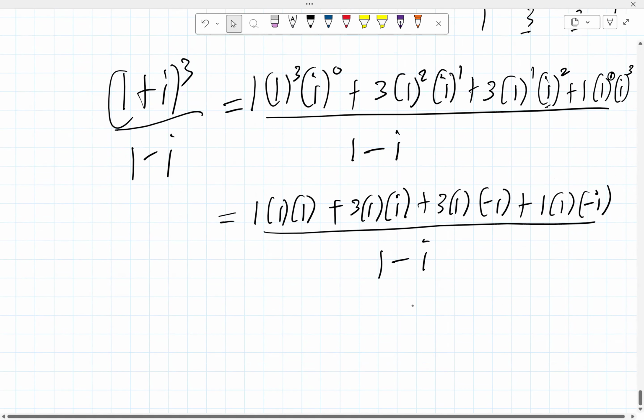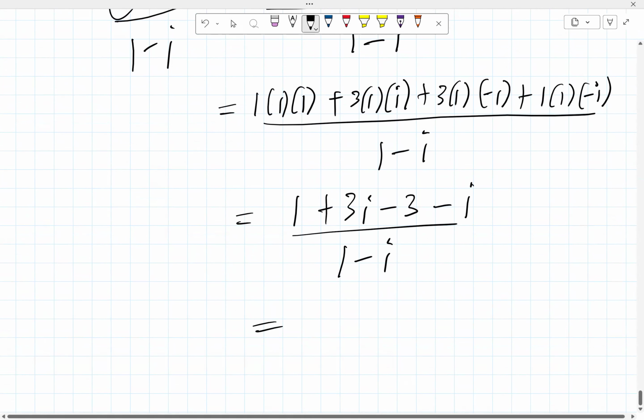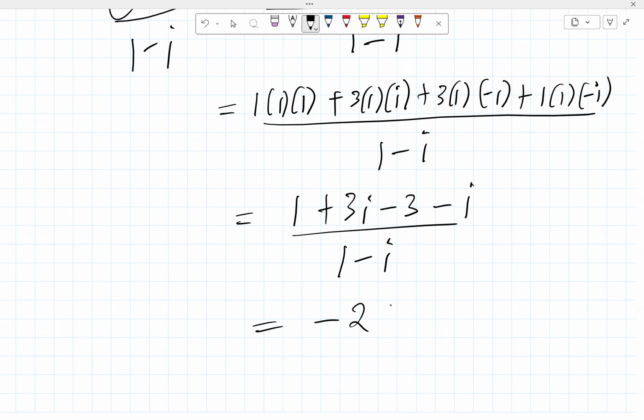Okay, so then we have 1 plus 3i minus 3, then minus i again, all over 1 minus i. We can tidy things up. 1 minus 3 is minus 2, then 3i minus i is plus 2i, all over 1 minus i.